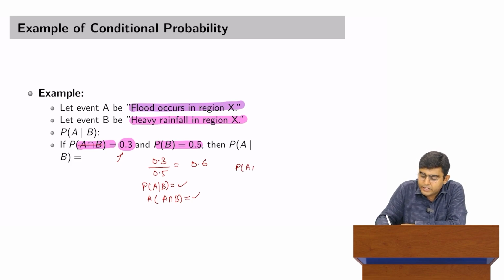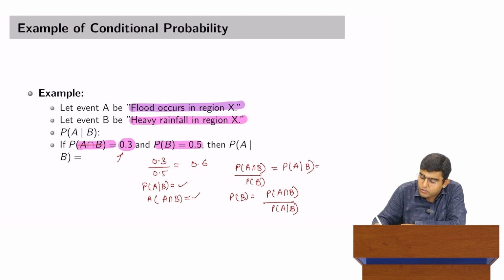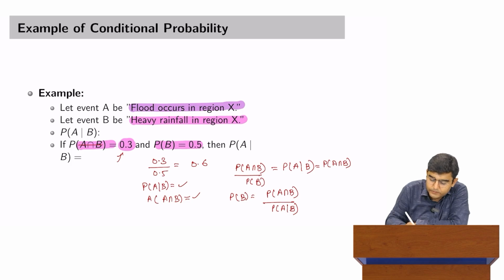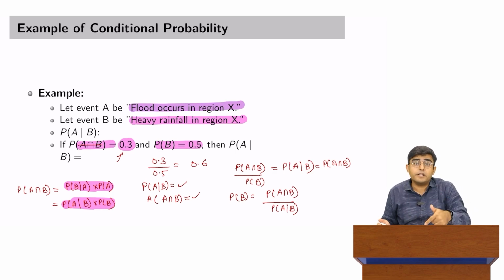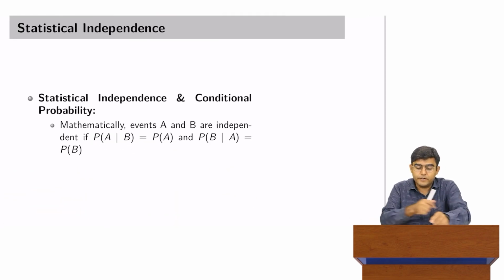In this case, all I need to know is the probability of B. If it is conditioned on B, probability of B can be determined as probability of A intersection B divided by probability of A given B. I can also write probability of A intersection B as probability of B intersection A, which is probability of A given B into probability of B. Now these two terms are equal, and when I simplify that, I am essentially looking at Bayes theorem, or one of the Bayes formulations. These conditional probabilities are often encountered whenever we have some prior information about the events associated with us.